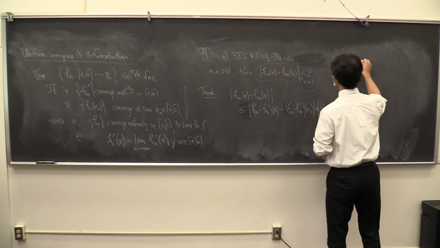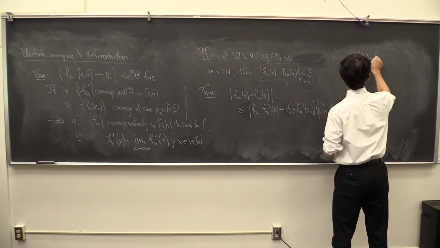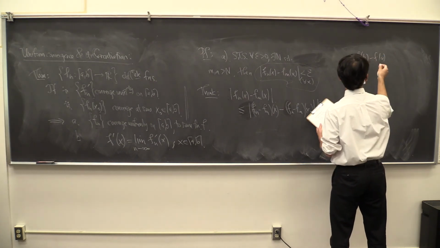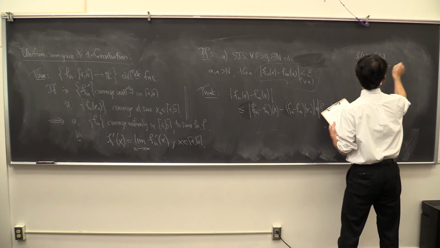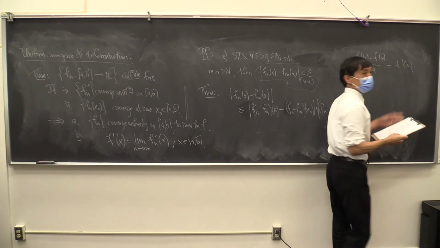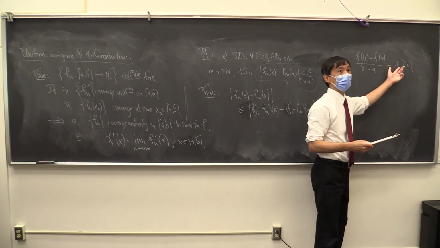If I have a function and I'm looking at its difference, the mean value theorem tells me that that's going to be equal to the derivative at some point.